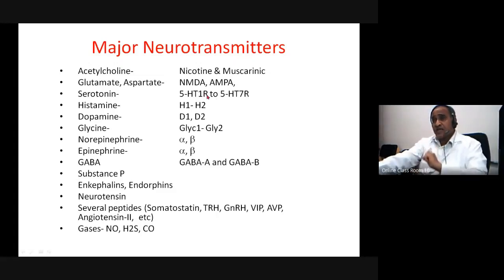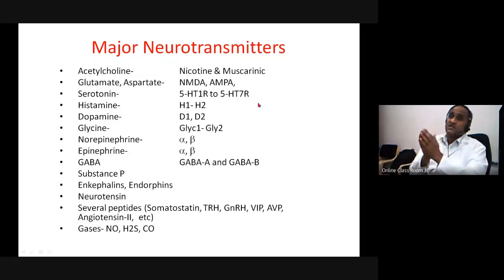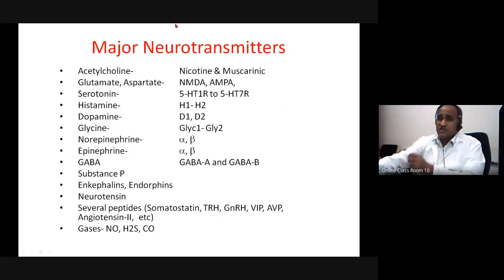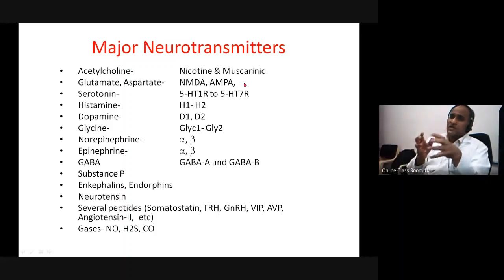Now I have used another word, metabotropic. Here this opens up the ion channel; this sits on the ligand-gated channel. And the third is the metabotropic. In glutamate, we have the metabotropic receptors. It is something like a G protein coupled receptor, and that brings about nuclear changes.